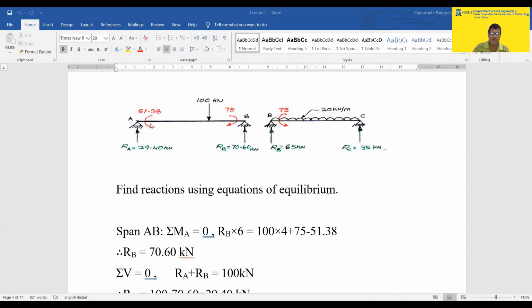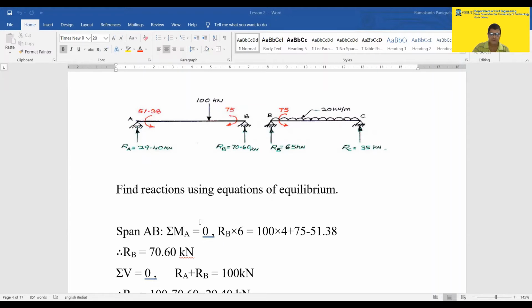Now take the moment about A for this span. If it is in equilibrium, RB into 6 will give the value of the anti-clockwise moment, which is equal to the clockwise moments.